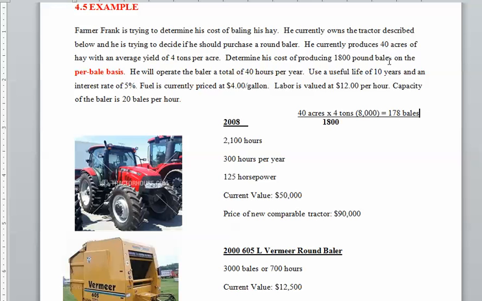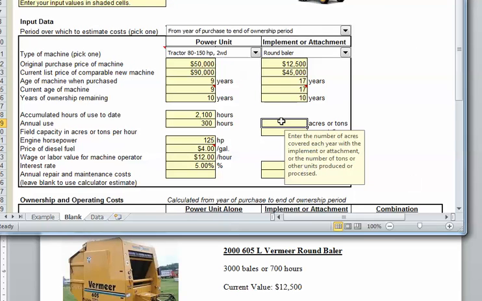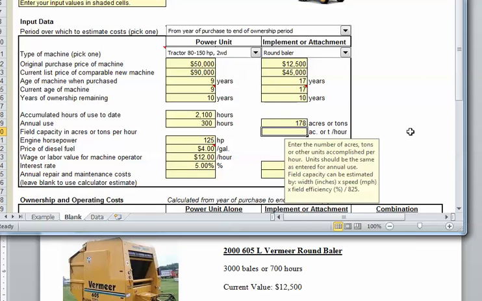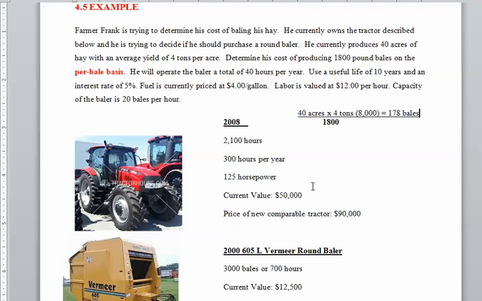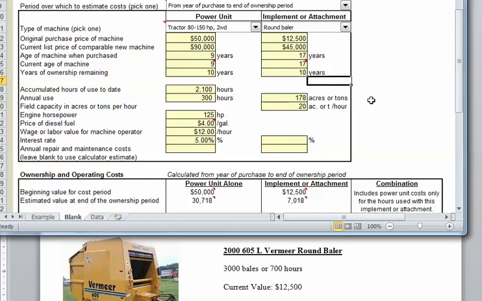So when I go into the computer and I put total use, I'm going to put 178 bales. And then what's our capacity? It's 20 bales. What did I say here? 20 bales an hour. That's probably pretty aggressive, but just an estimate.